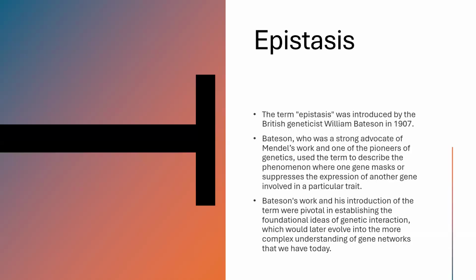So let's get into some of the complex processes of genes interacting. This is important because at one level of epistemology, the understanding of what's happening at a given level of inquiry really depends on what you can measure.